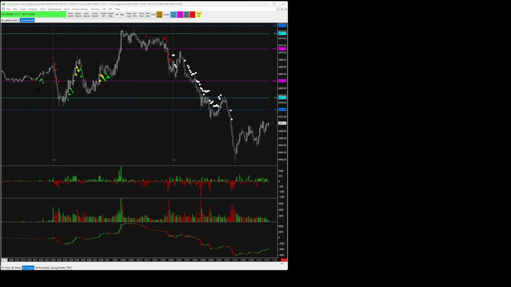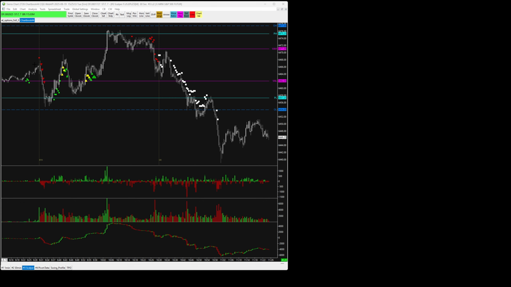And basically what it does is it tries to find these events like absorption, like sweeping, like momentum in the tape, in order book, okay, and basically mark it on this 30-second chart.